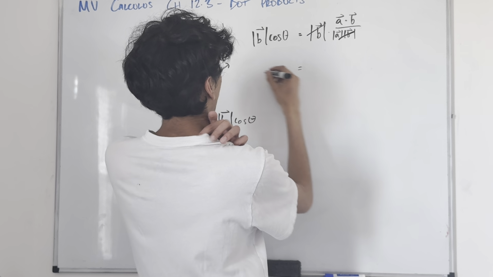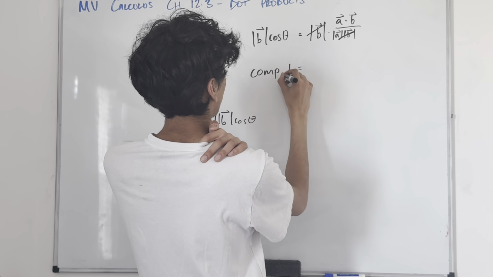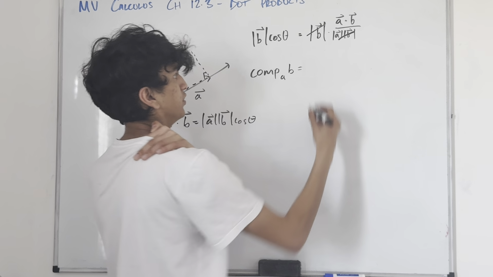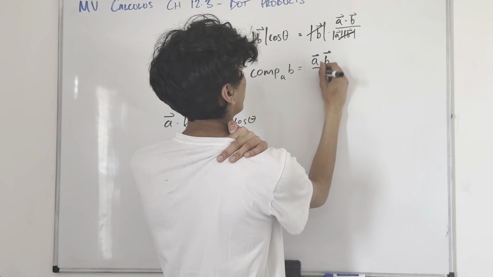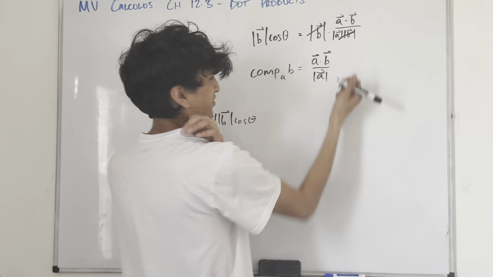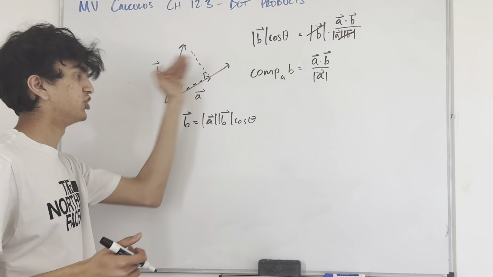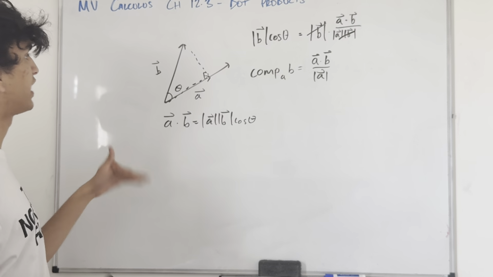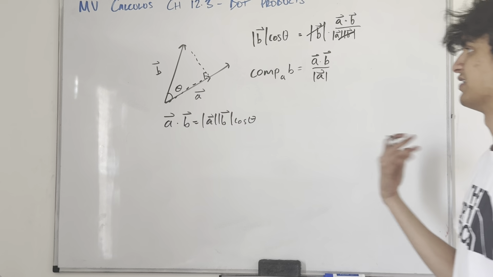So the component of B projected onto A will end up equaling A dot B over the magnitude of A. So if I want to find the projection, the vector that has this magnitude in the direction of A, you can think of it as a shadow, right?